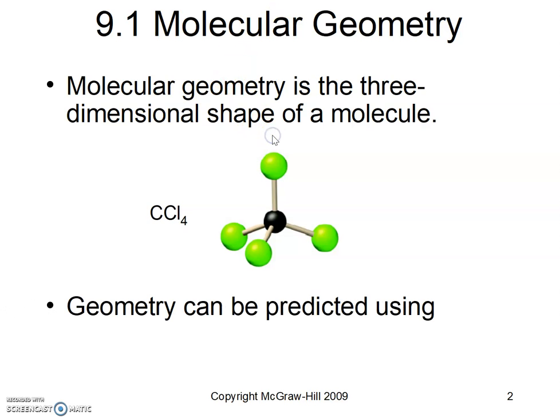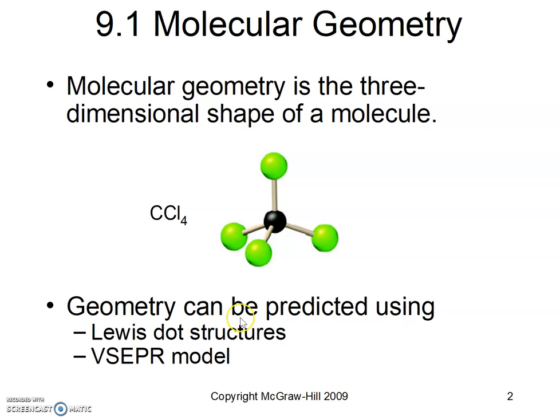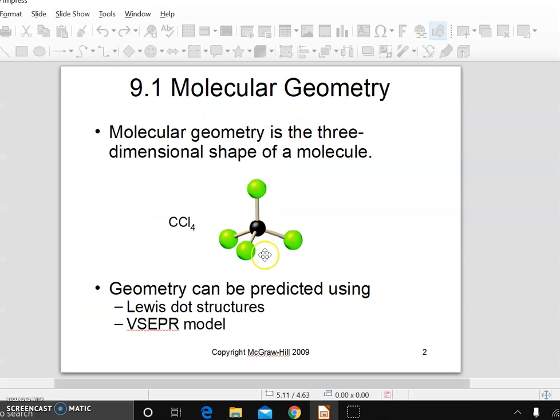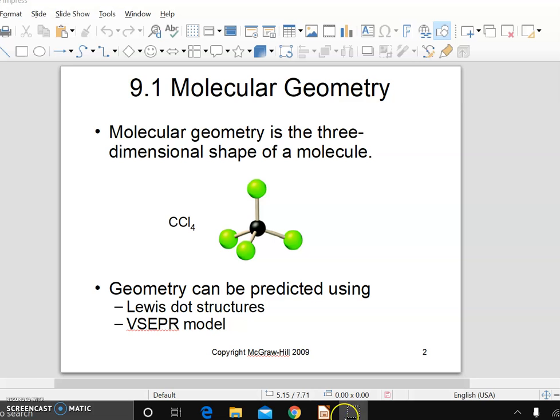Okay. So we can predict our geometry using both Lewis structures, which you guys should know how to do by now, and VSEPR. And VSEPR actually is an acronym.